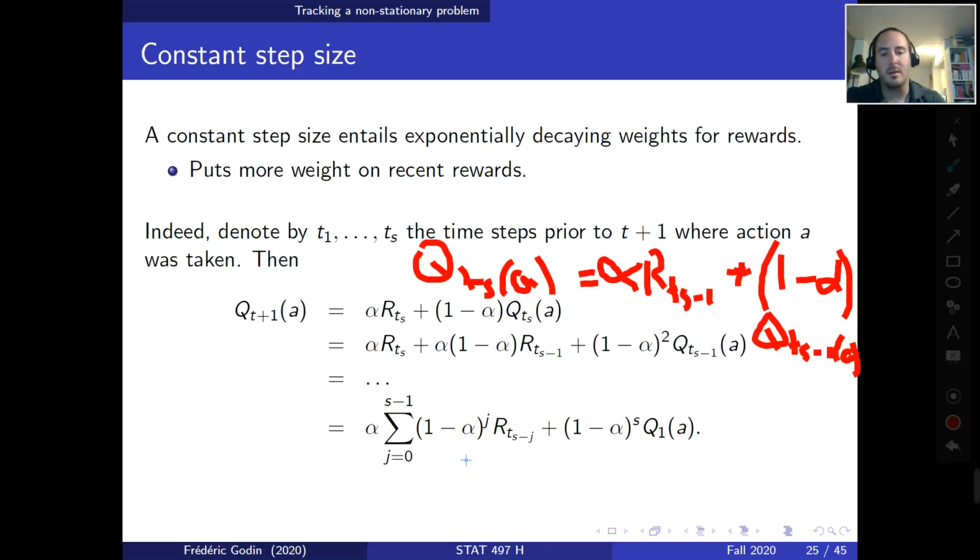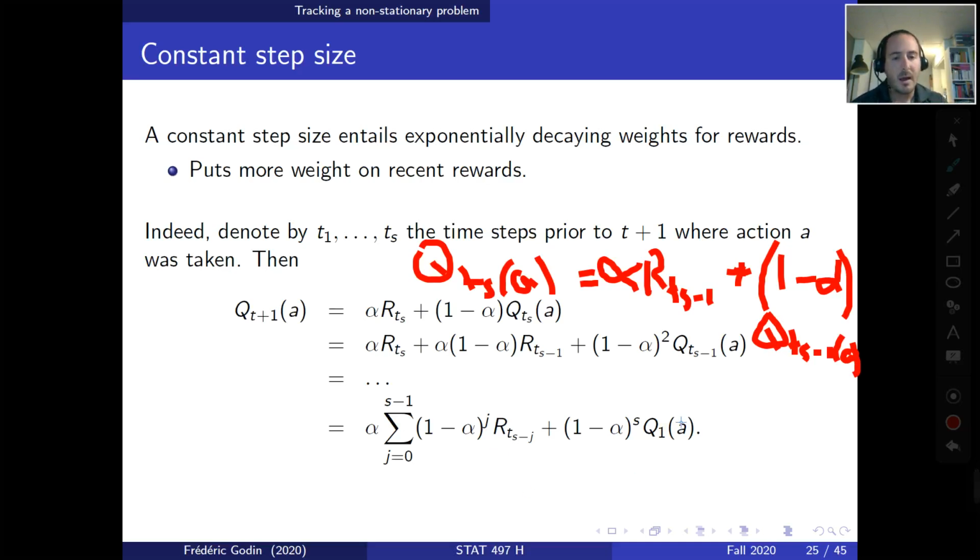Okay, so the most recent reward has a weight alpha. The second most recent reward from lever A has a weight alpha times 1 minus alpha. So we multiply by 1 minus alpha. The third most recent reward is multiplied by 1 minus alpha squared. The fourth most recent reward by 1 minus alpha to the power 3, etc. So we can see that more recent rewards from lever A have exponentially more weight than rewards obtained long ago.